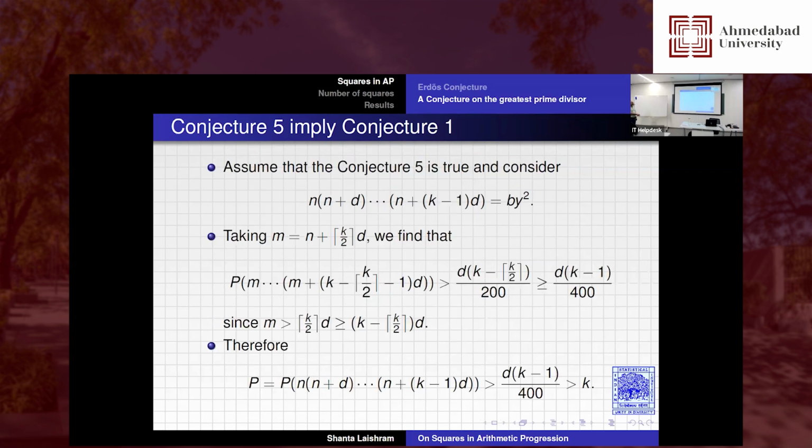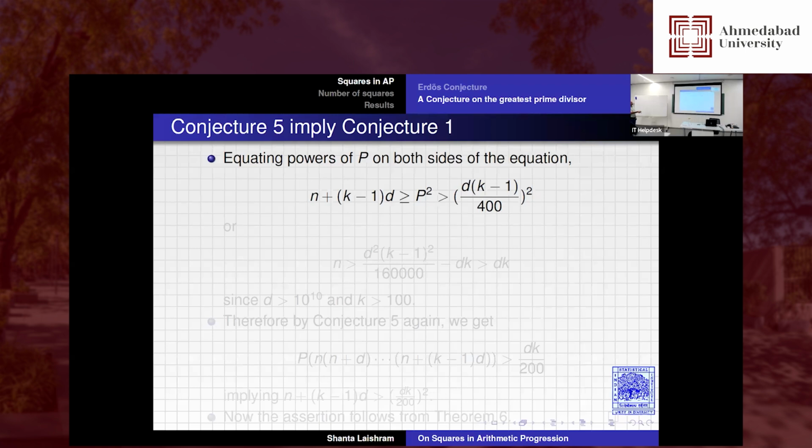Since dk minus 1 by 400 is bigger than k, and I know that if there's a solution, every prime bigger than k should divide to a square part. So that means the largest term n plus k minus 1 d should be divisible by the square of the largest prime, which is bigger than dk minus 1 by 400 squared.